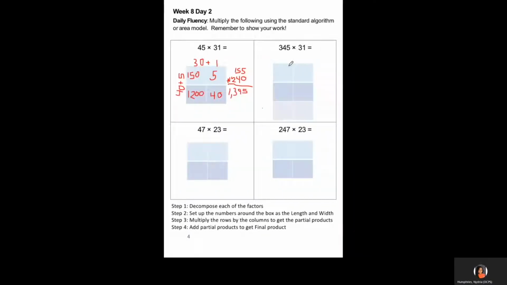Okay, I just had to add another row here because I do have a 3-digit number. We're multiplying a 3-digit number by a 2-digit number, whereas here we were multiplying a 2-digit by a 2-digit number. So now I can decompose the 345 to 300 plus 40 plus 5.